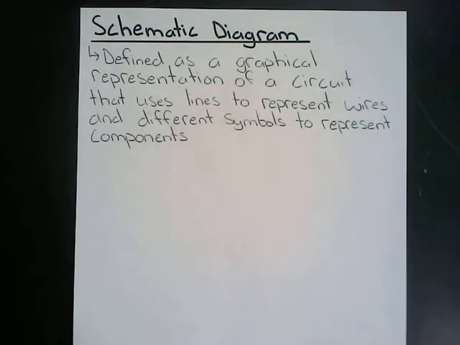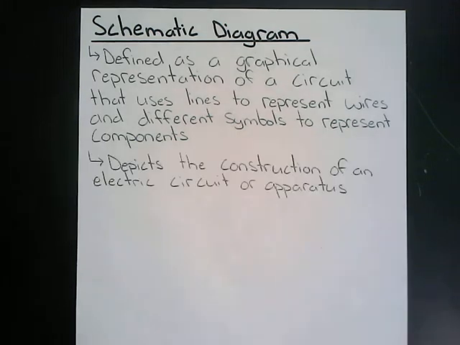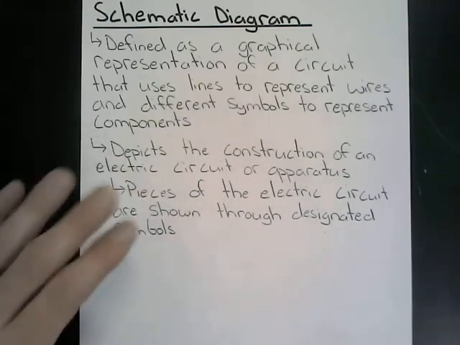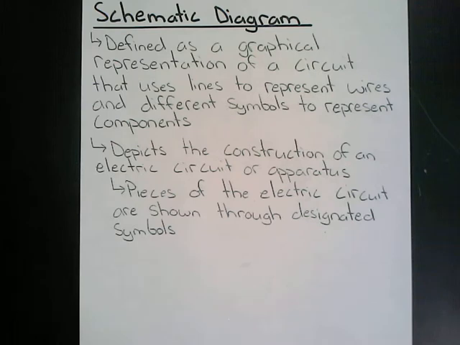These schematic diagrams are going to depict the construction of an electrical circuit or apparatus, by showing pieces of the electrical circuit through designated symbols. These schematic diagrams are the basis for how electricians wire houses or other appliances, and it should be noted that any electrical device can be represented by a schematic diagram.